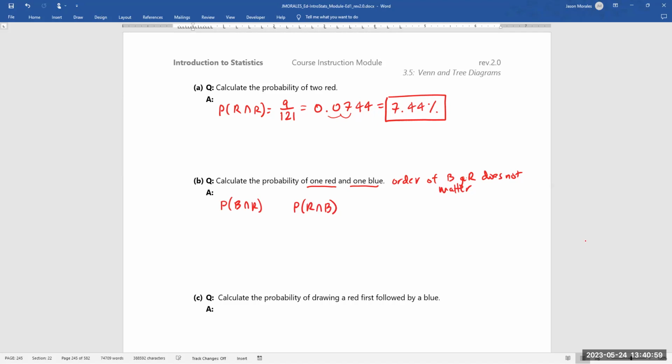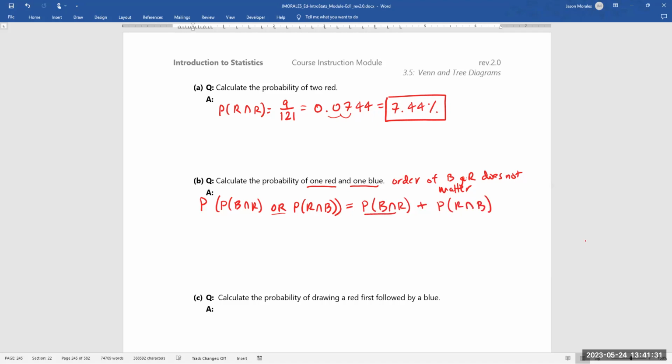Either way, we're getting 1 red and 1 blue. And because we don't care about the order, it's going to be the probability of blue and then red, or the probability of red and then blue. And we want the probability of all of that. So what we've got is the probability of blue intersect red plus the probability of red intersect blue.